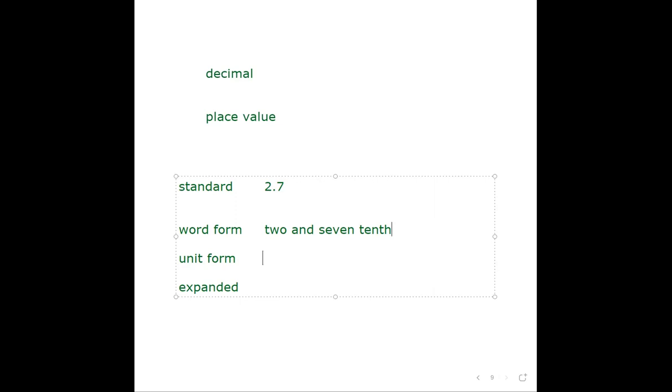But here I don't have tens and hundreds. I have ones only. So I say 2 ones. And what's the 7? Bravo, 7 tenths. Super, super. What about the expanded? Just 2 plus, amazing, the value of the number. Bravo, bravo. Oh, so smart.